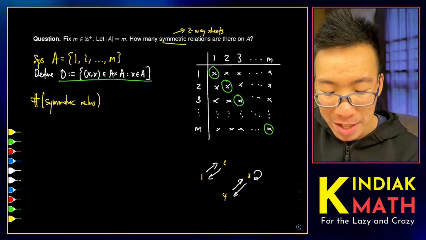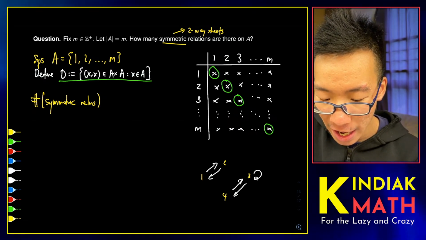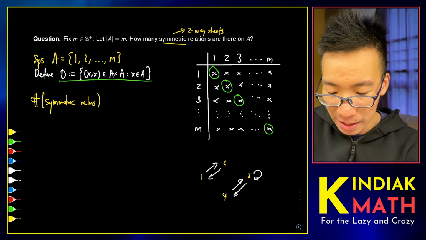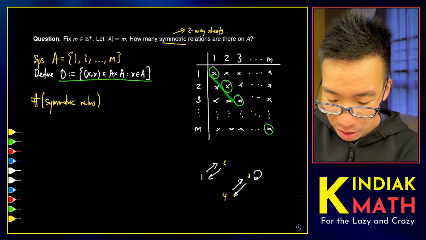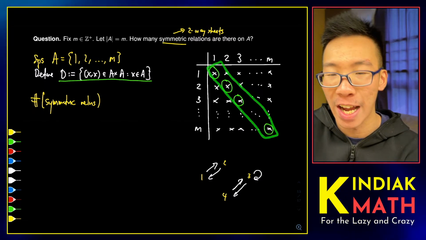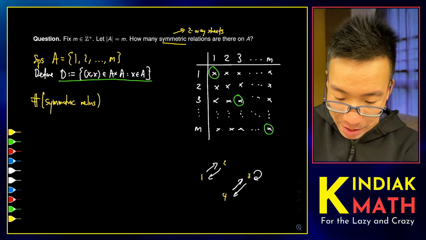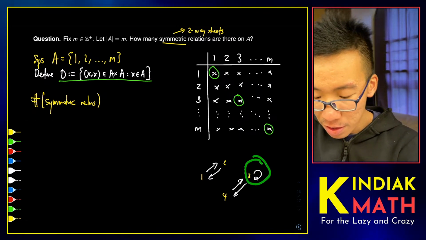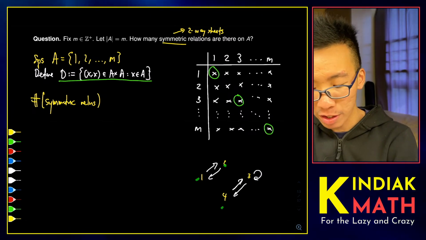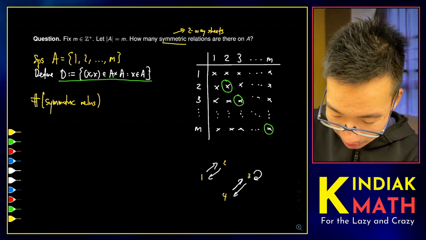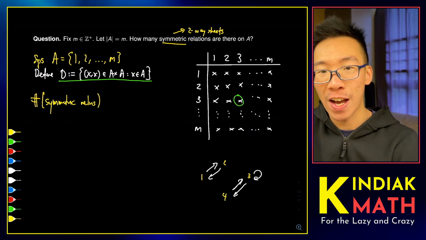Well, if we want symmetry, then whenever we choose an item here, we automatically have a few options. Firstly, we can choose among the diagonals. We don't have to include the diagonal. For example, in this situation, the 3, 3 is included, but 1, 2, and 4 are not included. That's fine.